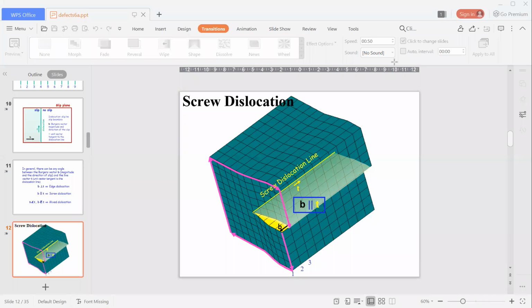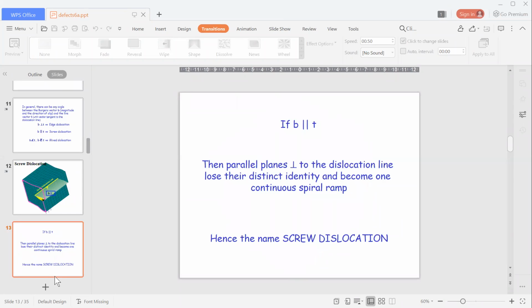Okay, let's move to the next one. What we have understood here is your Burgers vector B and the translational vector T in case of screw dislocation are parallel to each other. This means that the parallel planes, which are perpendicular to the dislocation line, lose their distinct identity and become a continuous spiral ramp.